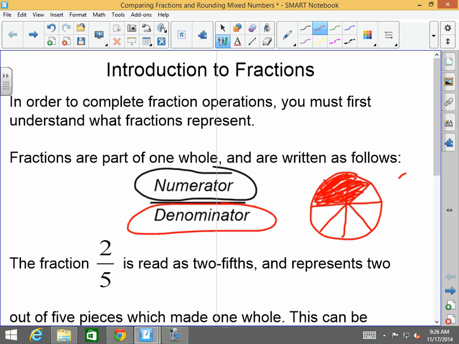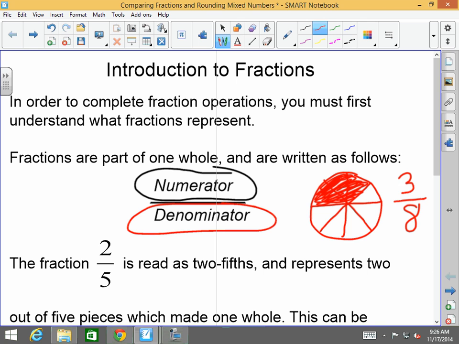That fraction is 3 parts out of 8 parts, because the whole pie was made up of 8 parts. So the fraction of the shaded area would be 3/8. And that is what a fraction is. A fraction describes a part of one whole.